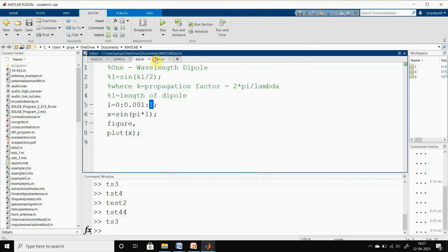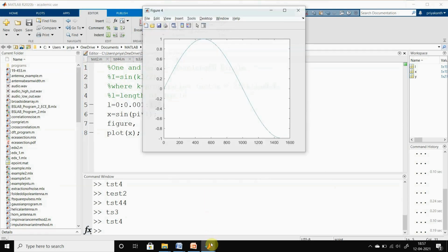And the fourth code is written for a dipole of 1.5 wavelength that you can see here as 1.5, and the sinusoidal distribution over 1.5 wavelength is obtained like this.